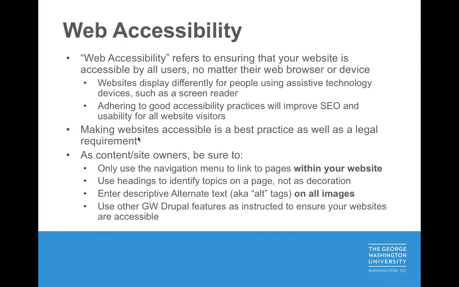If your website content is not accessible, it actually does put the university in a position where we could be subjected to litigation, and universities across the country are actually finding that happening as the technologies improve and more people are using different types of devices to get the information that they need online.